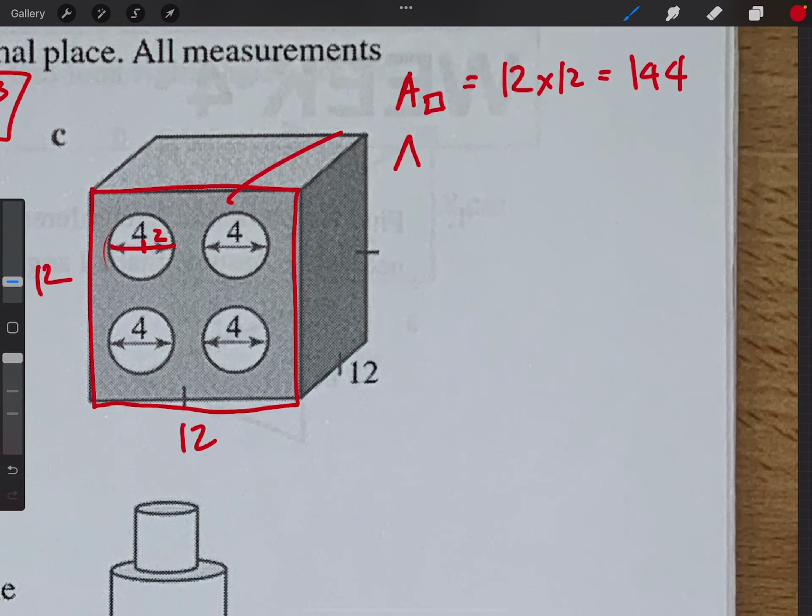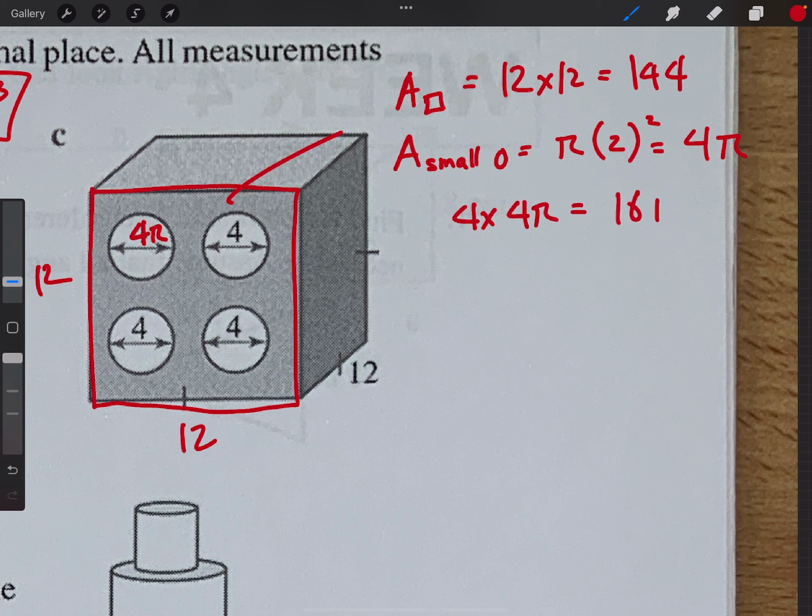So the area of the small circle is pi r squared, which is pi times 2 squared. That gives me 4 pi. But we got 4 of them, so we do 4 times 4 pi, you're going to get 16 pi.